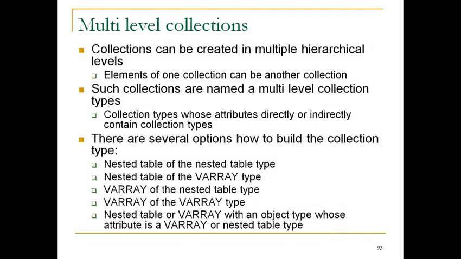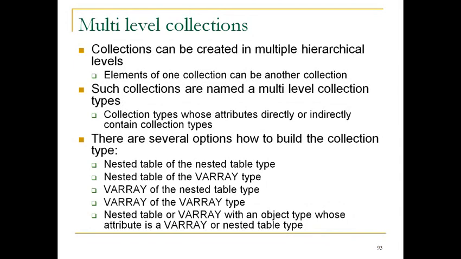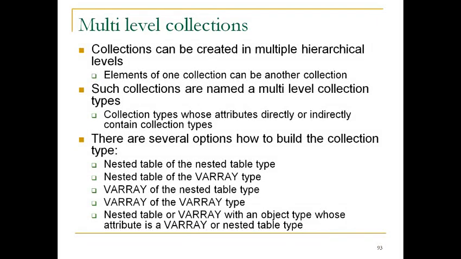The same with varray and so on. Another option is that the nested table is an attribute of the objects included in the query or nested table. So these structures can be created as you need. Of course, I'll not give an example for each of these, but I think the idea could be understood.